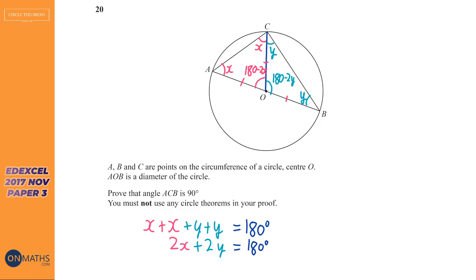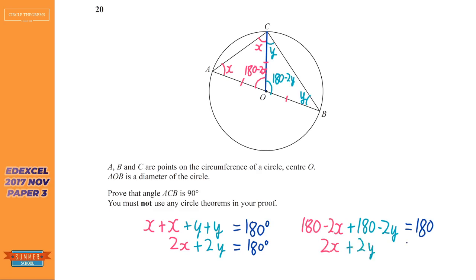But the whole thing is angles on a straight line. Angles on a straight line add up to 180. So we've got 180 minus 2x plus 180 minus 2y, and we know that adds up to 180. And if you rearrange it, you get 2x plus 2y equals 180.